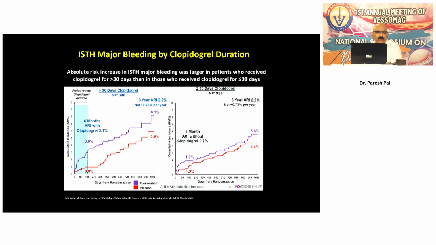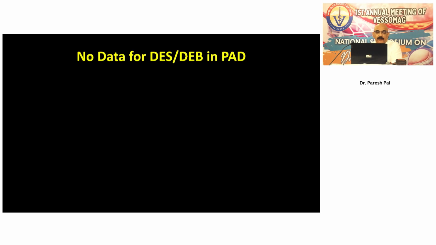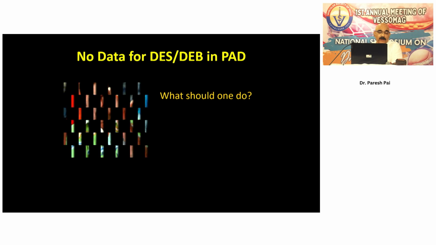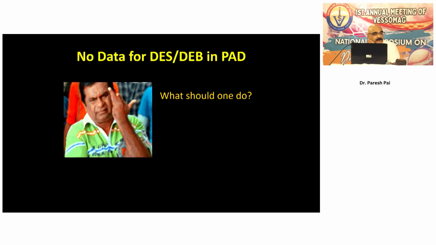So really speaking, we don't have an answer. But what you can see here is that when clopidogrel is added, the risk of bleeding starts going up after 30 days. That's one of the reasons why you try to reduce your triple therapy to less than 30 days if possible. So, unfortunately, there is no real data, and one really wonders what should be done.